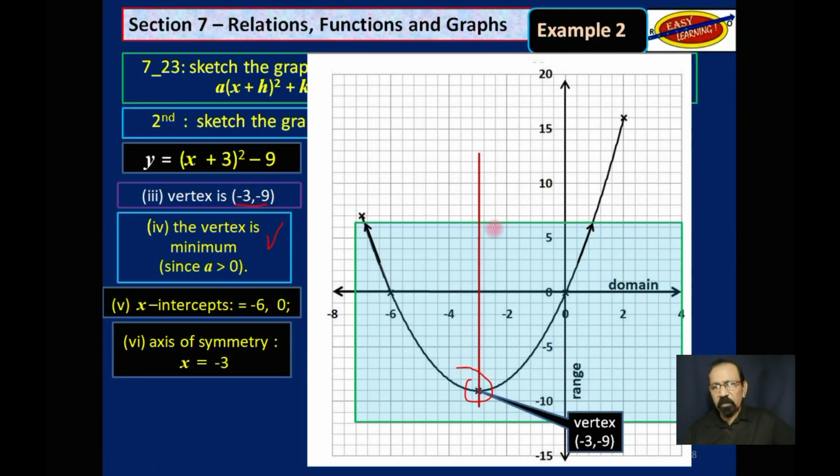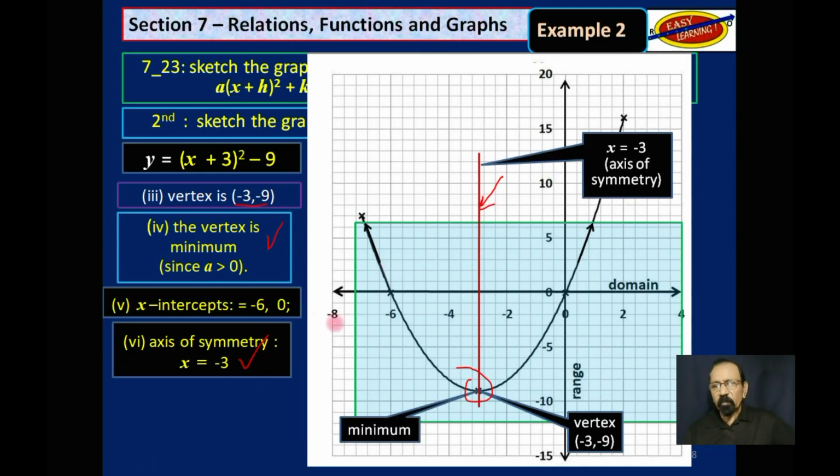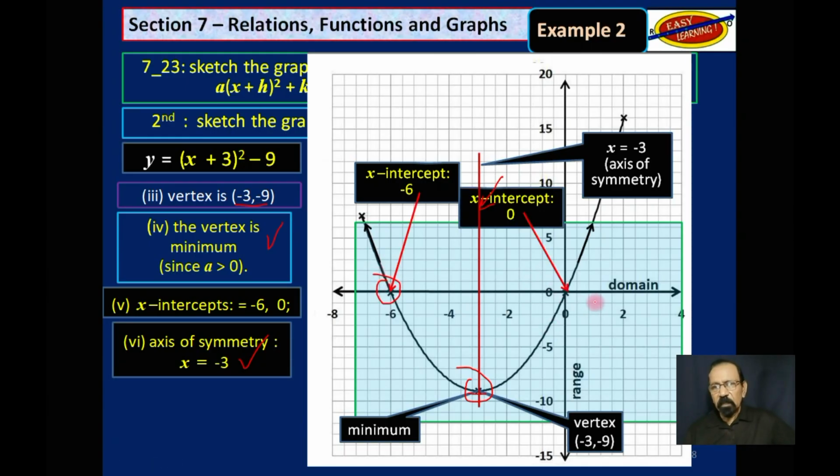We know the axis of symmetry is x equals negative 3. We know that this will be a minimum point. We also know the two x-intercepts are negative 6 and 0. So you have been able to sketch the graph like that.